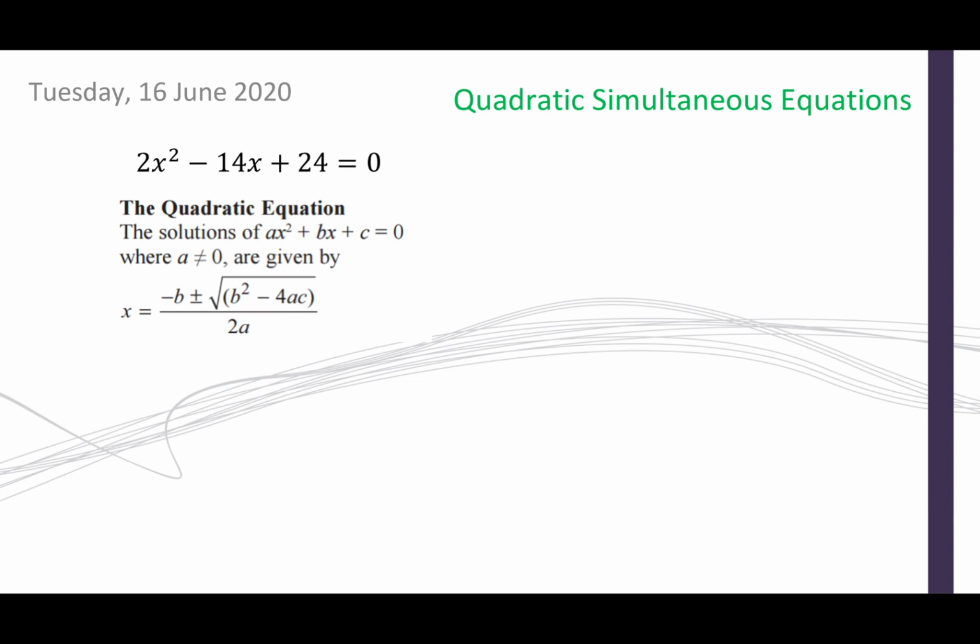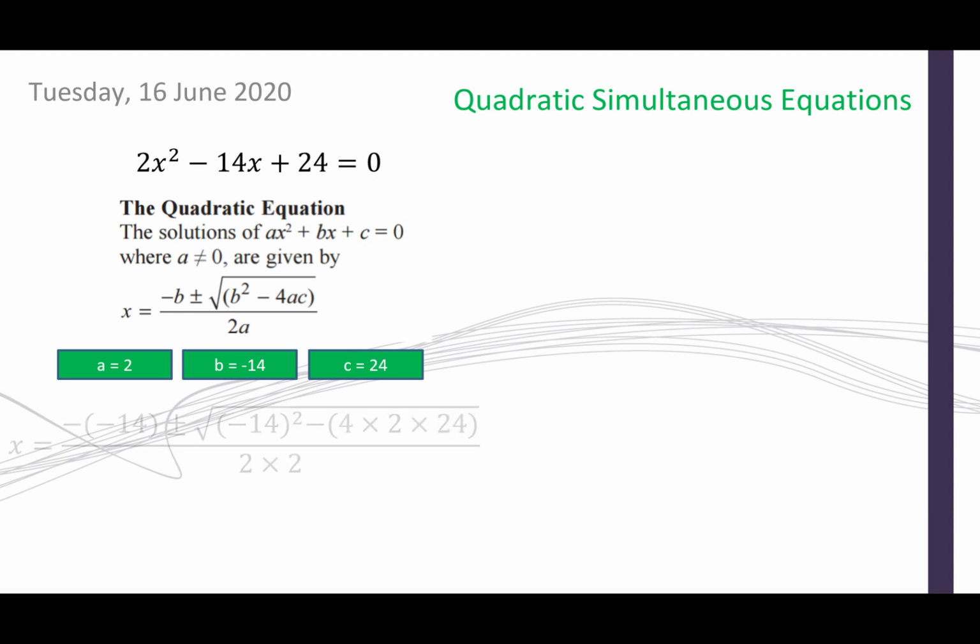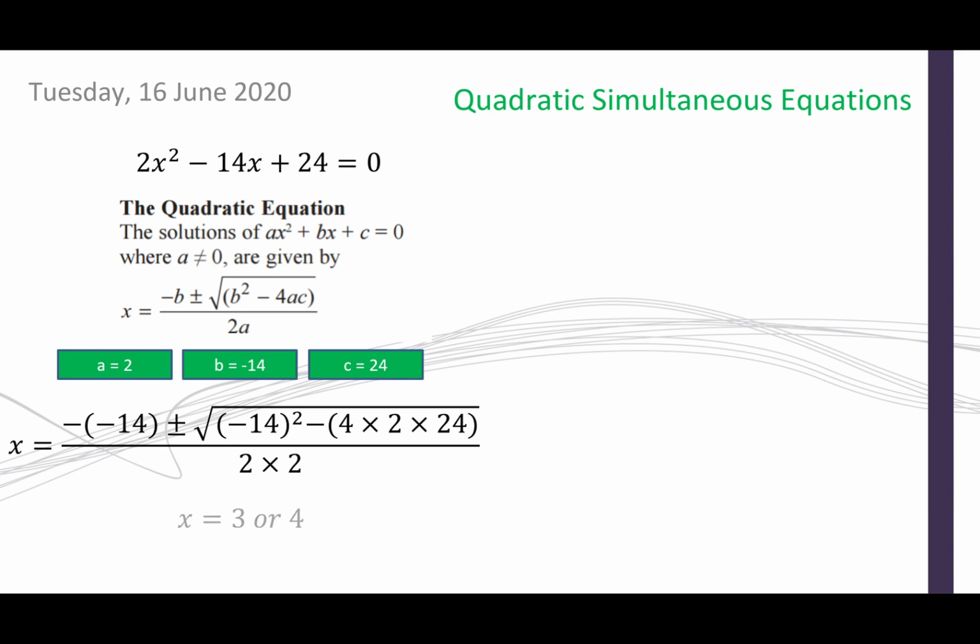To solve for x using the quadratic formula, we label the coefficient in front of x squared as a, so a is equal to 2. b is the coefficient attached to the x, minus 14, and c is the coefficient with no x's, that's 24. Substitute these values into our equation, and we find that x is equal to 3 or 4.